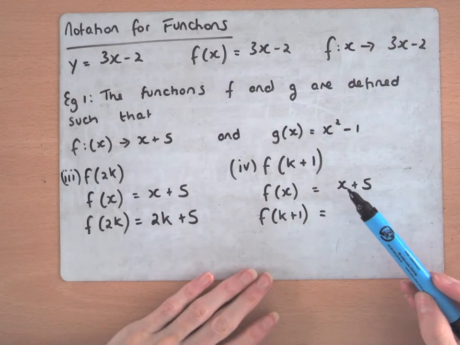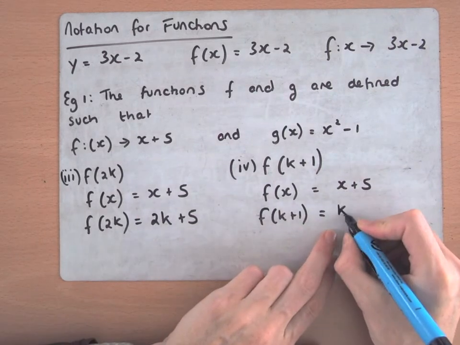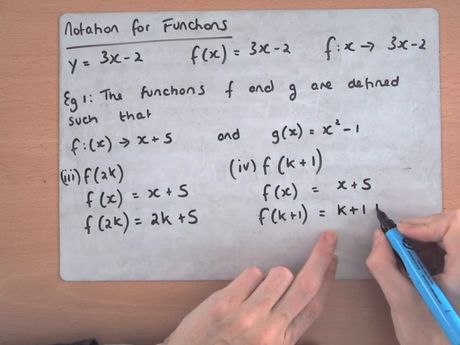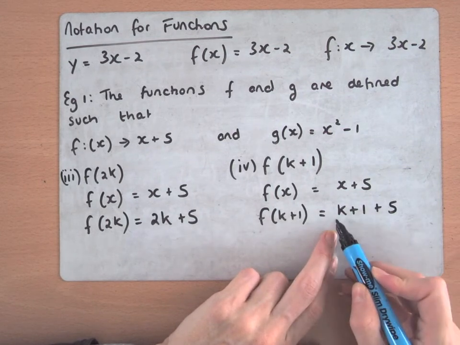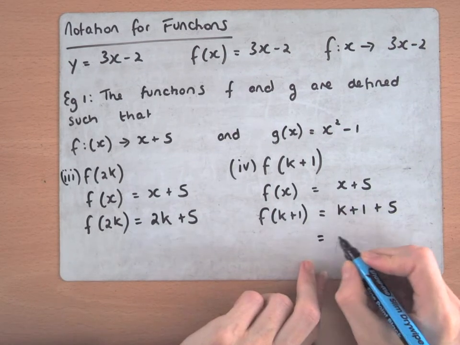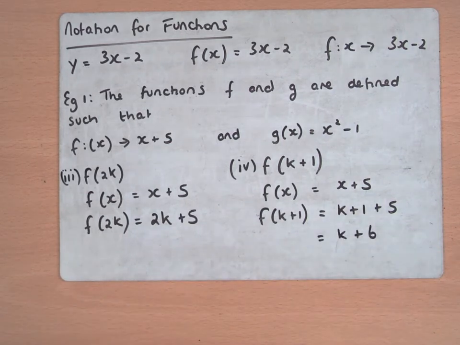Okay, so instead of x, I now have k plus 1. So instead of x, I need to do k plus 1 plus 5. Okay, because that little bit is your x, which is k plus 6. Excellent. Any issues there? Let's keep going.